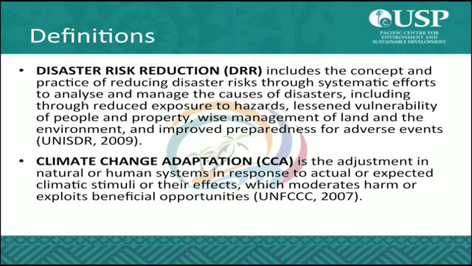On the other hand, climate change adaptation is the adjustment in natural or human systems in response to actual or expected climatic stimuli or their effects, which moderates harm or exploits beneficial opportunities. So you can see that those two definitions are quite different. However, the aim and the objectives are quite similar.